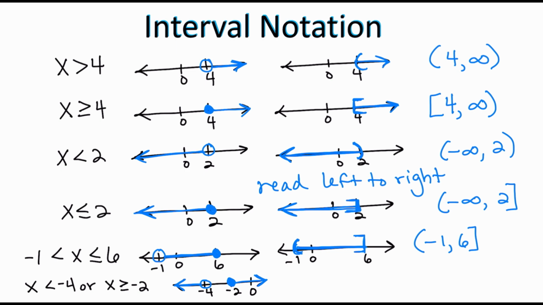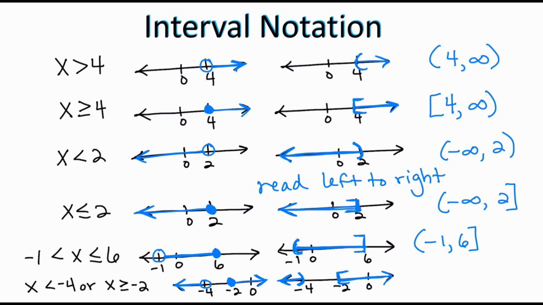In our new notation, in our new graph, we're going to be using parentheses and we're going to be using brackets instead. So this time it's going to be parentheses -4, and I'm going to be shading to the left, and then bracket -2, and I'm going to shade to the right. How do I write that in interval notation? Again, we read left to right.